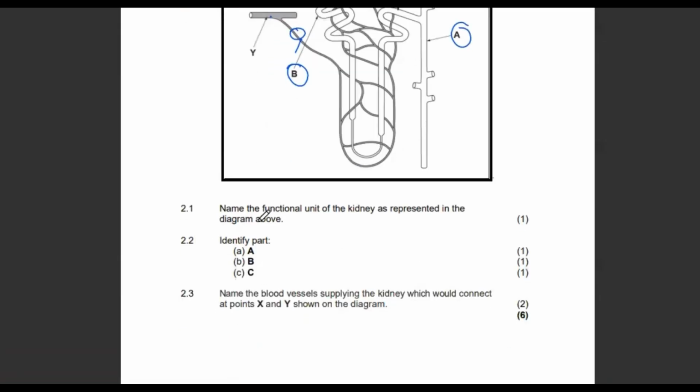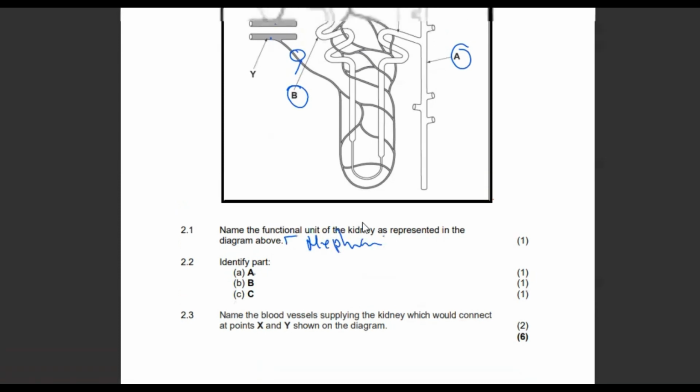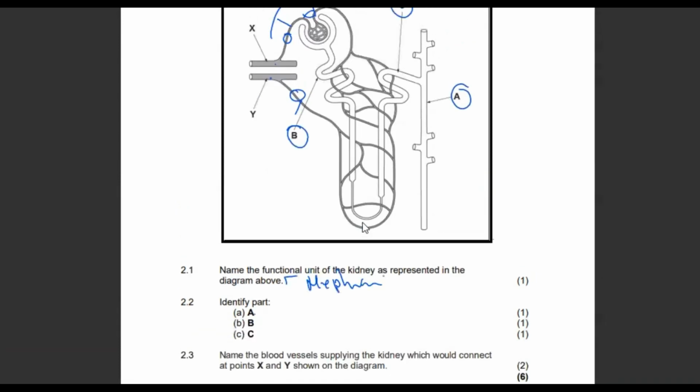Now they're saying, name the functional unit of the kidney represented above. It's a nephron. Yes. They're saying identify part A. We have said it. Part A is the collecting duct.